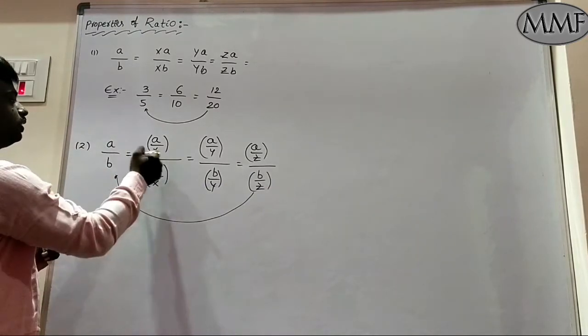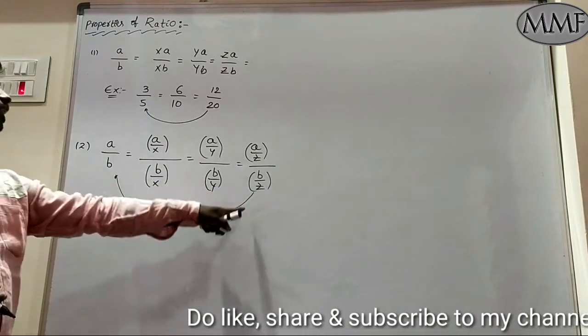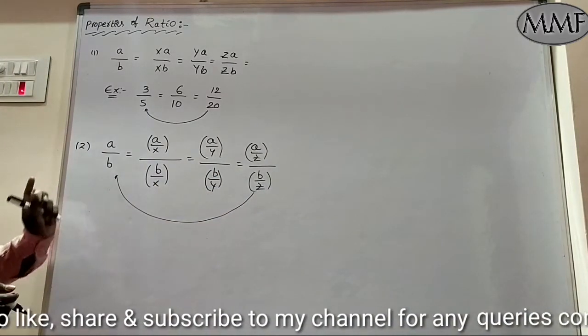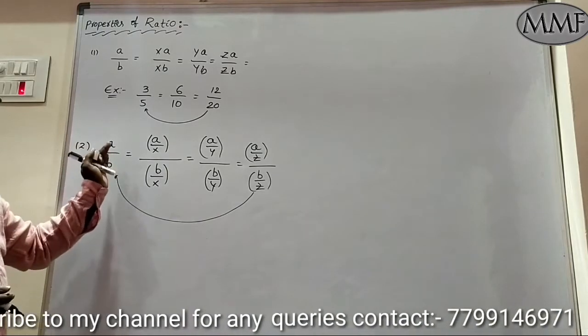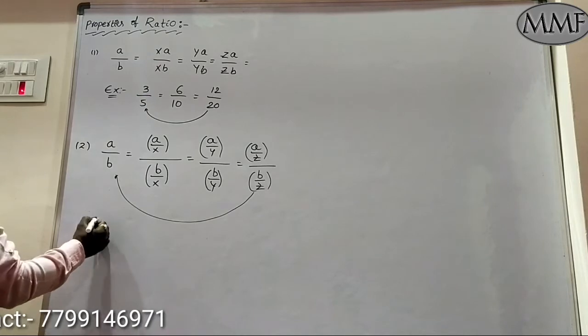Why? X is going to be cancelled, Y is going to be cancelled, Z is going to be cancelled. Again the resultant ratio will become what here? A by B. So if any ratio is divided by a constant, then there is no change in the resultant ratio. Let's see the example.